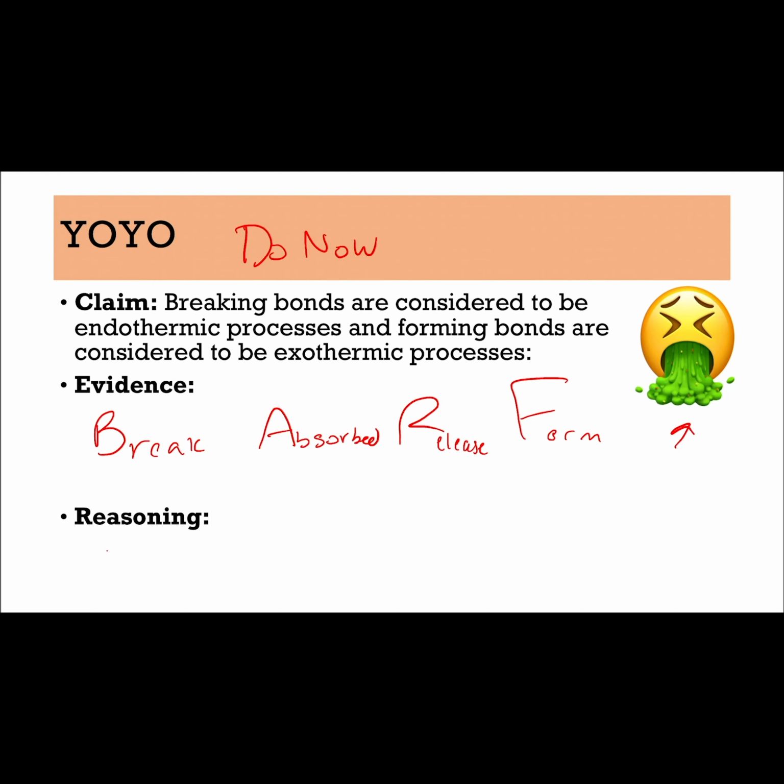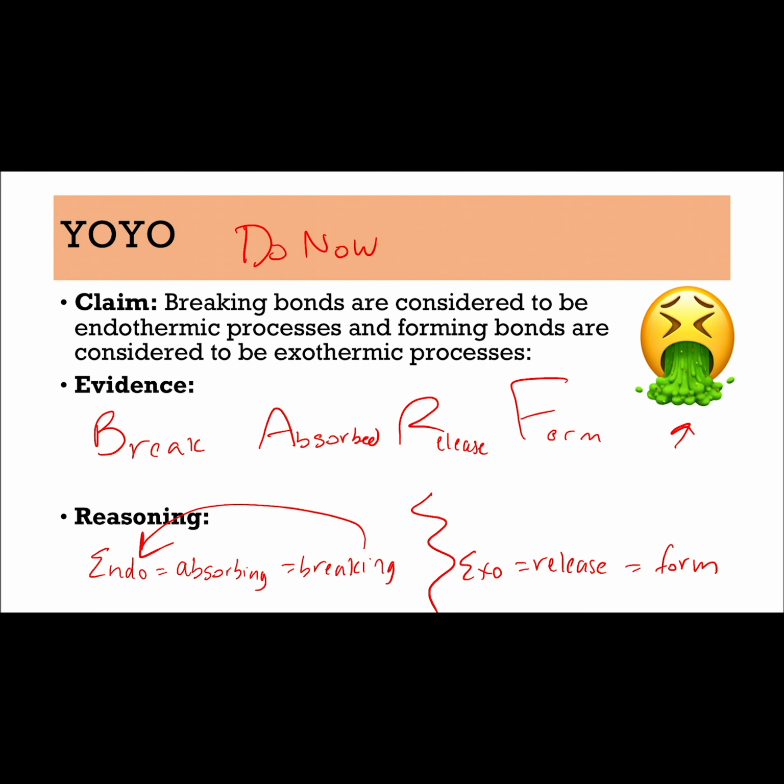So in your reasoning, if we know endothermic is absorbing energy, that must mean breaking a bond is an endothermic process. On the opposite hand, we know exothermic means releasing energy, and according to Barf, when energy is released, bonds are forming. So essentially we can say breaking bonds is endothermic and forming bonds is exothermic.